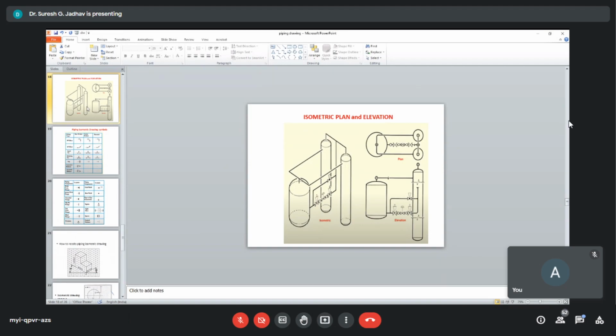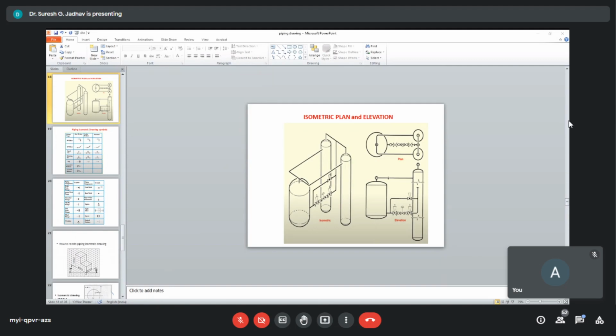Based on isometric, we can draw the plan and elevations in piping drawings. The isometric view clearly shows the piping arrangement, but sometimes the plan view fails to show the bypass loop and wall, and a supplementary elevation view is needed.